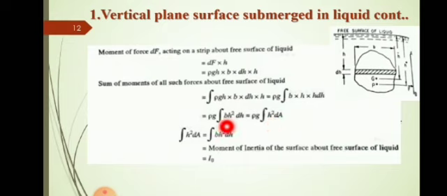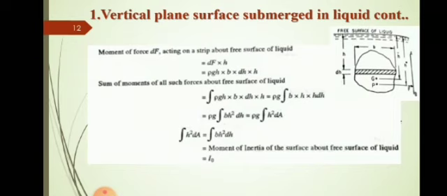What is b dh? b dh is nothing but dA. So from this we are taking the integral of h square dA alone. Integral h square dA is equal to integral b h square dh. It is the same equation. So integral b h square dh is nothing but the moment of inertia of the surface about the free surface of the liquid.